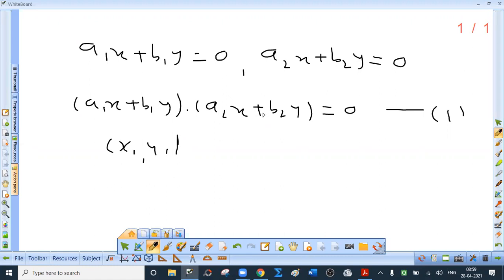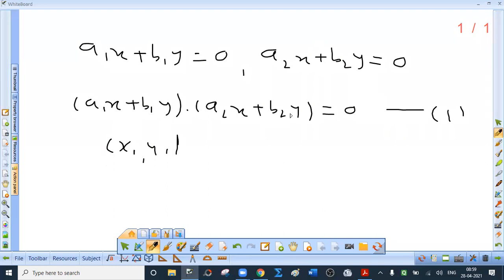This shows that any point on the first line lies on the locus represented by 1. Similarly, every point on the second line, a2x plus b2y equal to 0, also lies on the locus represented by 1. Right? That is, this equation contains both the lines.